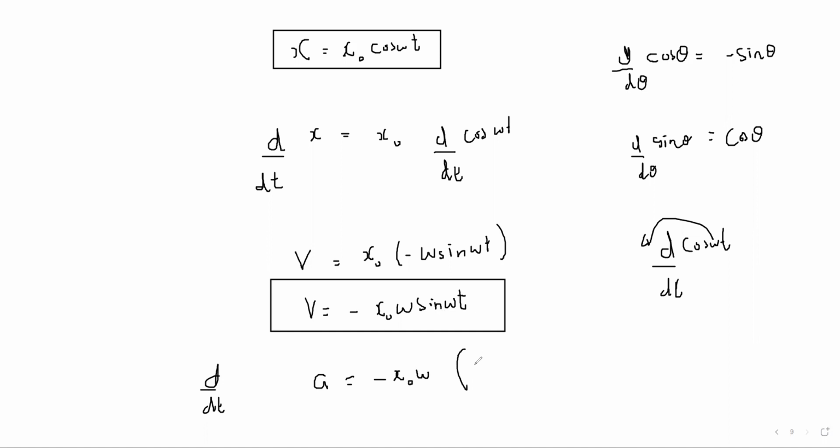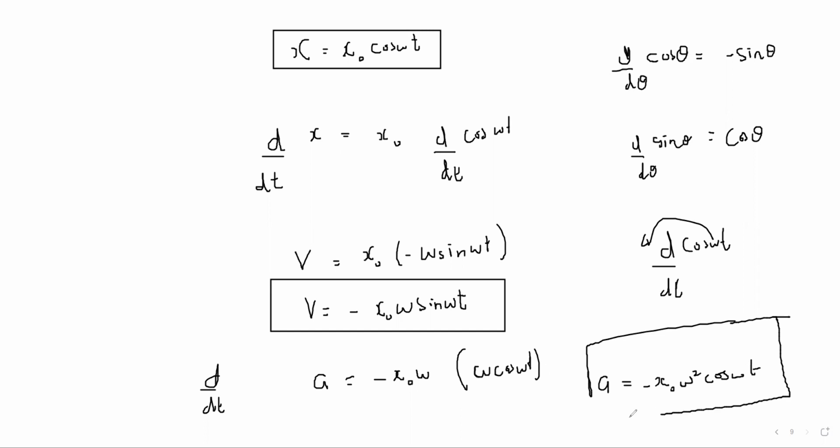When I take a derivative of sine omega t, the derivative of sine theta is cos theta, so it will be omega cos omega t. And when we solve this, the acceleration will be minus x naught omega square cos omega t. This is the formula for acceleration of an object which is performing a simple harmonic motion.